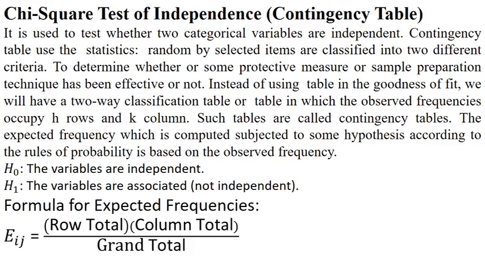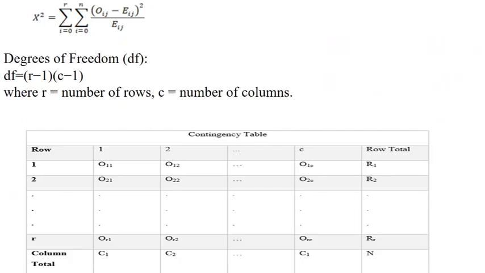Formula to estimate our expected frequency: E_ij for the test of independence is row total times column total divided by grand total. Let me repeat: row total times column total divided by grand total. So this is the formula.